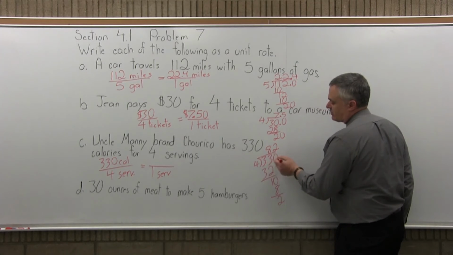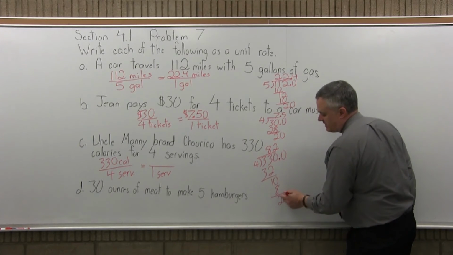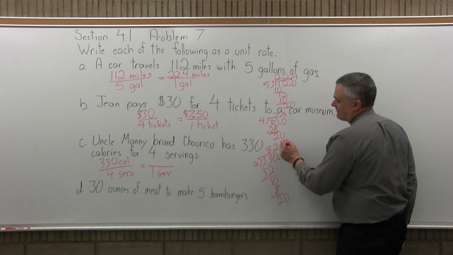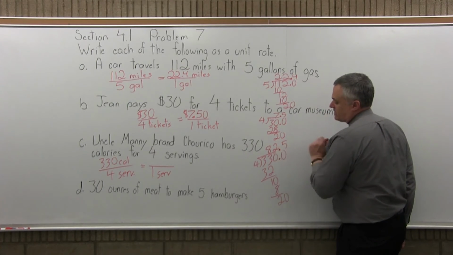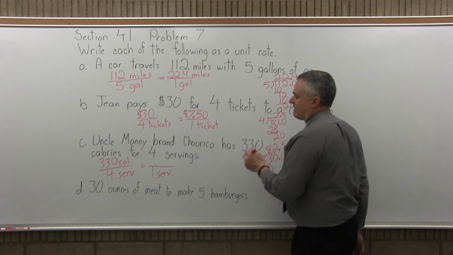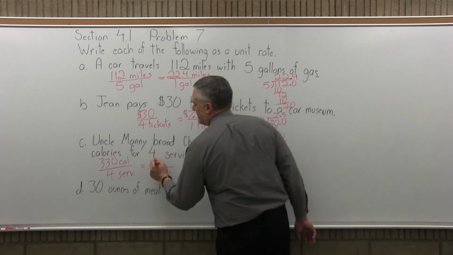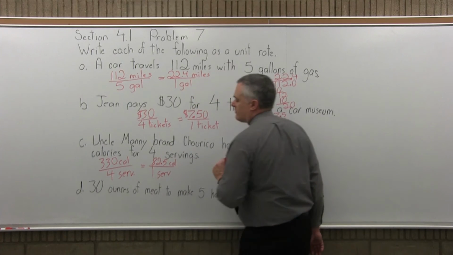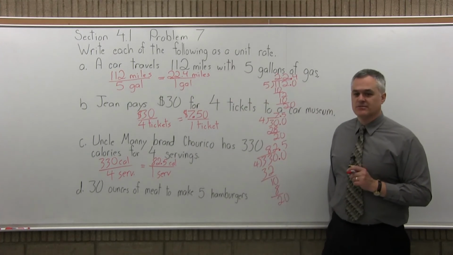So think of the 330 as 330.0. Bring that next 0 down. 4 divides into 20 exactly 5 times. You have to put the decimal there too. 82.5. So it'd be 82.5 calories for every 1 serving.